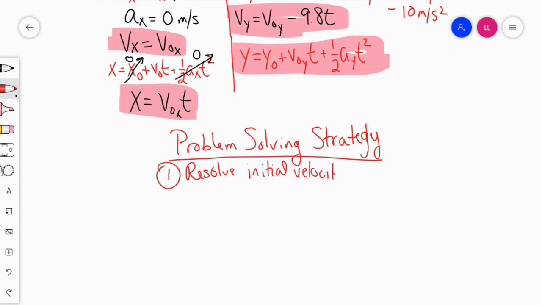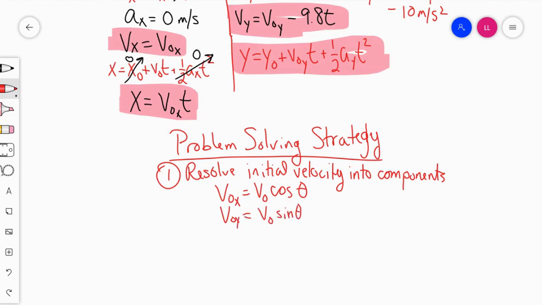We talked about this when we did vectors, right? We're going to use our trig to break that vector apart, okay? And easy enough, v0x is going to be v0 cosine theta. v0y is going to be v0 sine theta. Okay, and as long as the angle is given to you from the horizontal, that's what you're going to use. Okay, step 2, write the position functions.